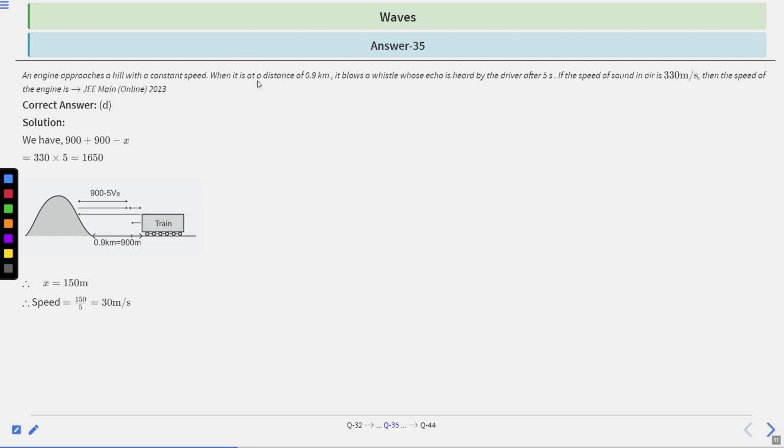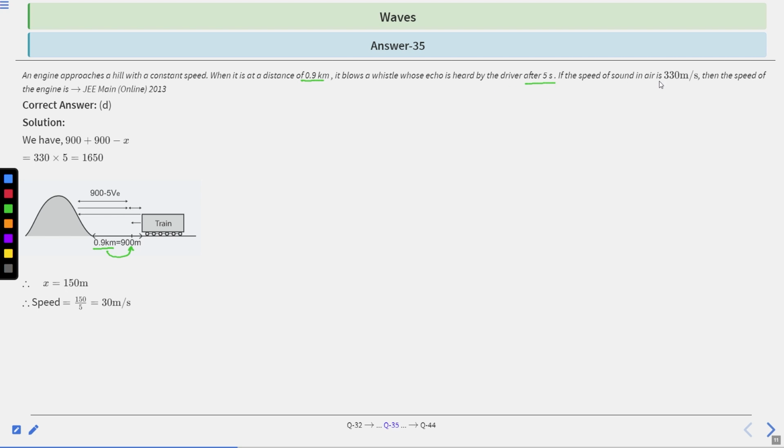When it is at a distance of 0.9 kilometer, the distance between the hill and the train engine is 0.9 kilometer, which is 900 meter. It blows a whistle whose echo is heard by the driver after 5 seconds. Clear? So time is 5 seconds.